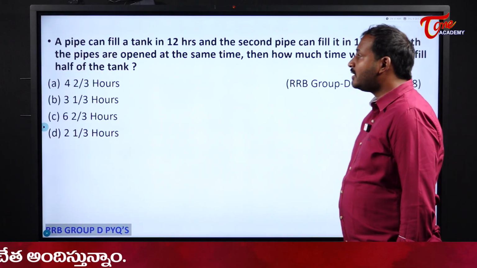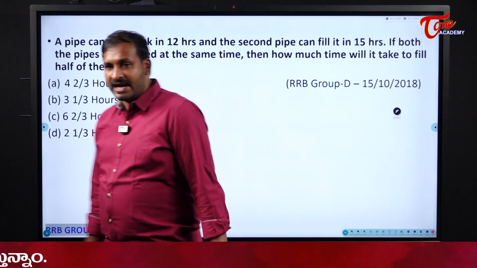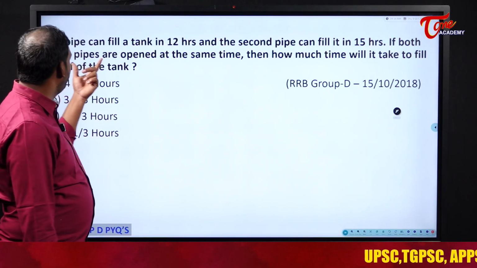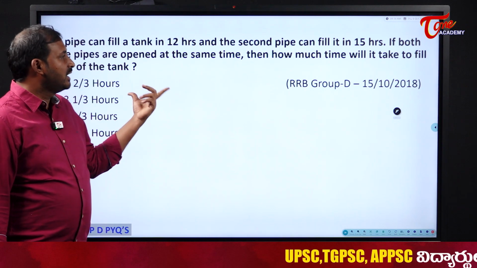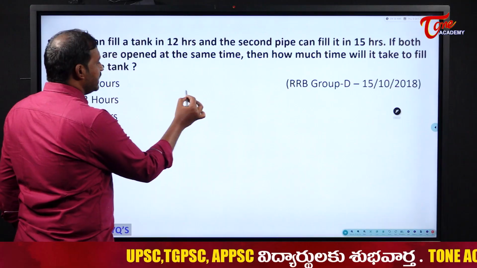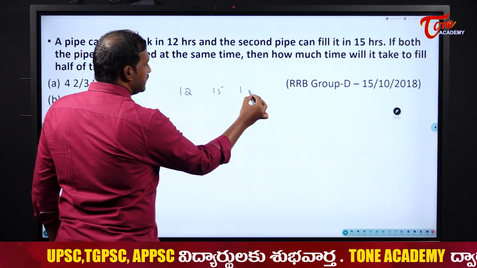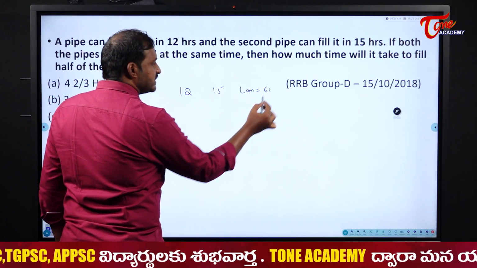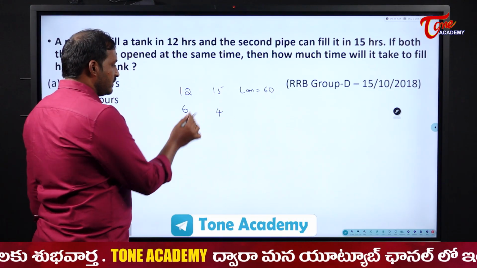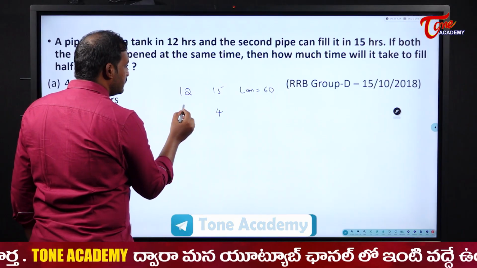Next one. Now see, a pipe can fill a tank in 12 hours and the second pipe can fill it in 15 hours. If both the pipes are open at the same time, in what time can the tank be filled? A simple and easy question. Directly take the LCM of 12 and 15, that is total work equal to 60. Efficiency will become 5 here and 4 here.